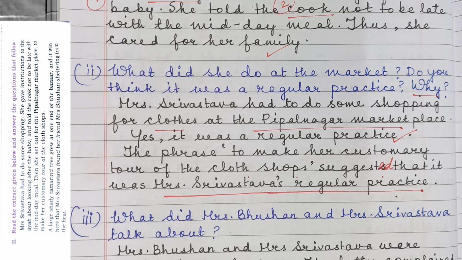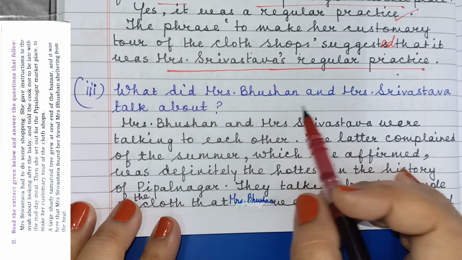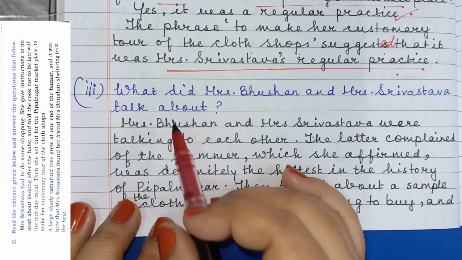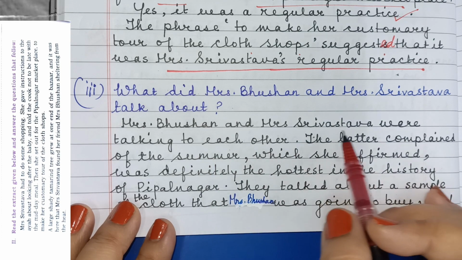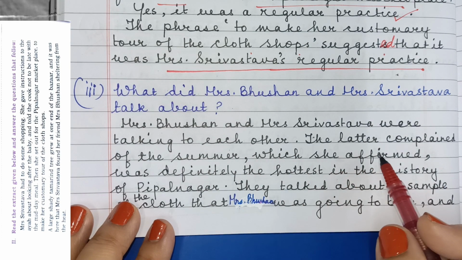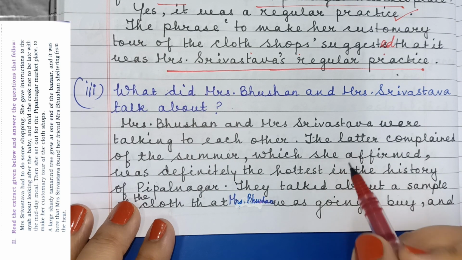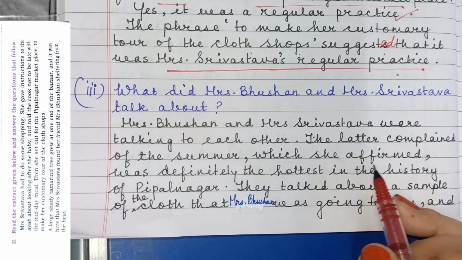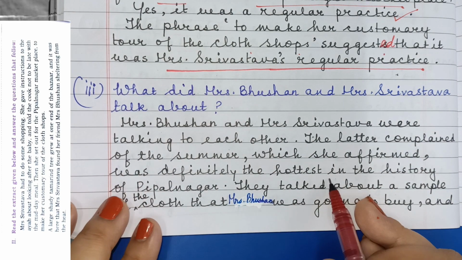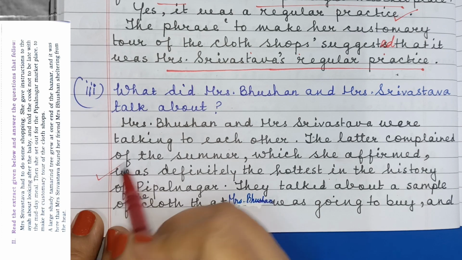After this, let us now see what is question number 3. What did Mrs. Bhushan and Mrs. Srivastava talk about? Mrs. Bhushan and Mrs. Srivastava were talking to each other. The latter complained of the summer, which she affirmed was definitely the hottest in the history of Pipal Nagar.